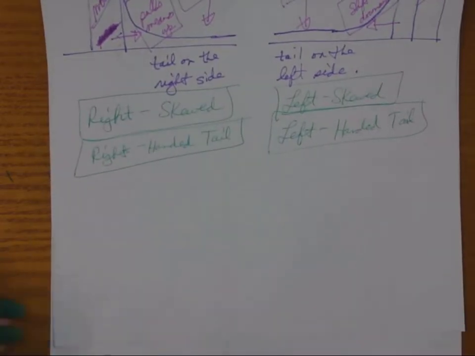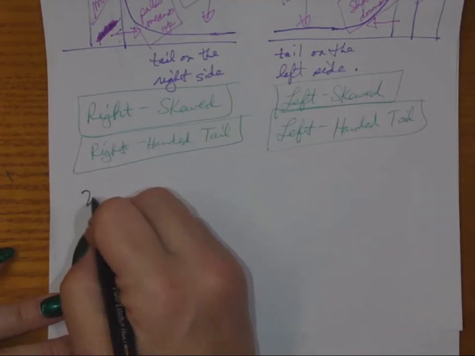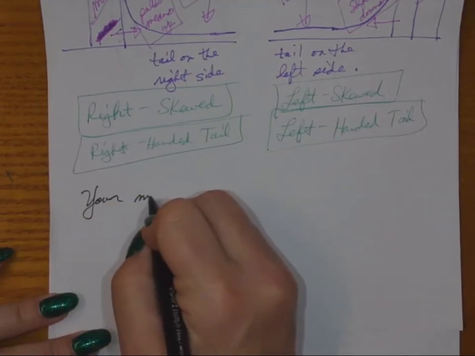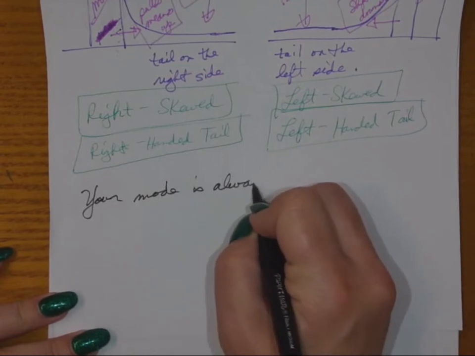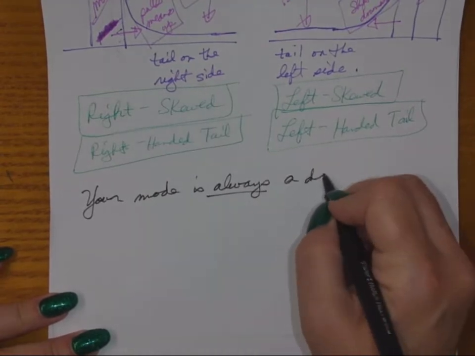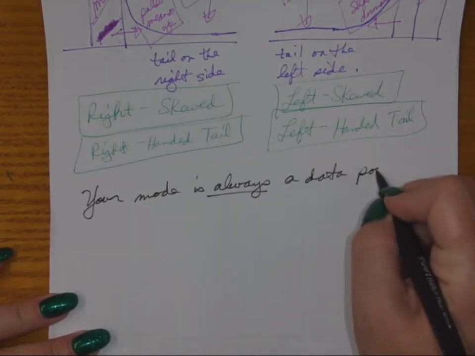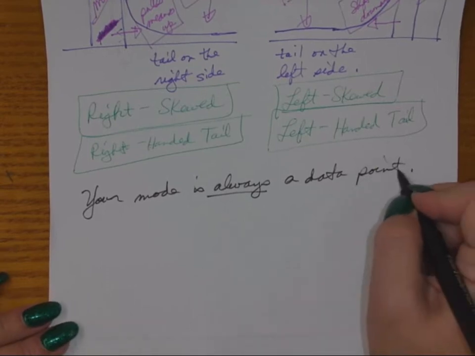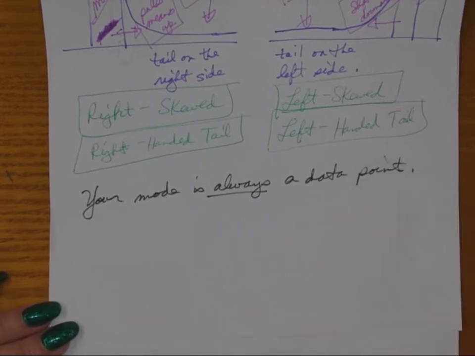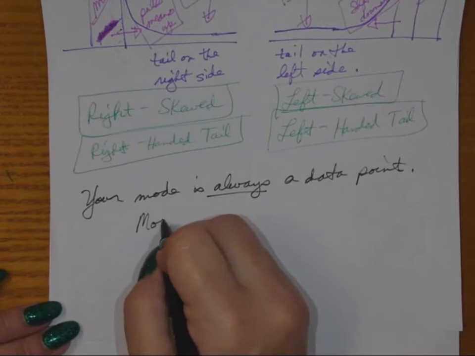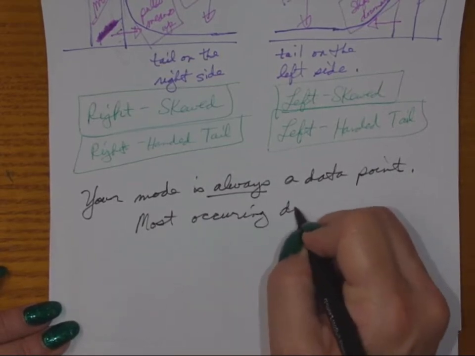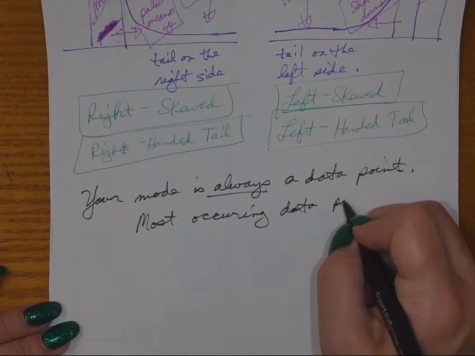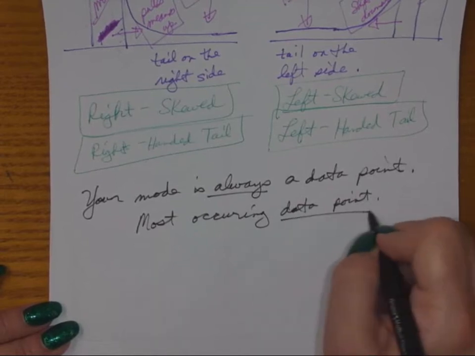Your mode is always a data point. Okay, so it is not like the median where I might have to average some or whatever. Remember, this is the most occurring data point, which means it has to be a data point.